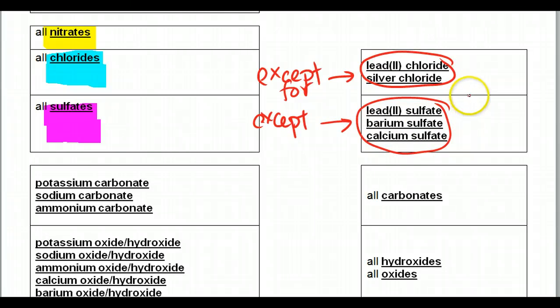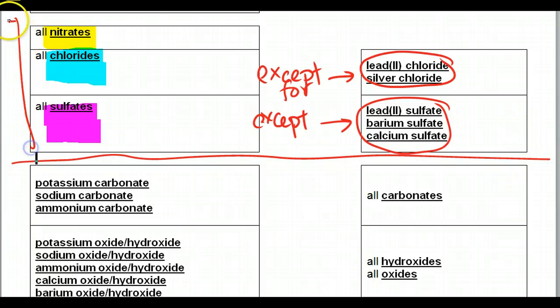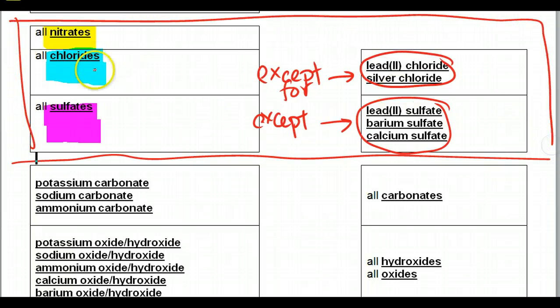So in actual fact, all the salts are soluble except for lead 2 chloride and silver chloride, which are 2 in the chloride family, and 3 from the sulfate family, which are lead 2 sulfate, barium sulfate, and calcium sulfate. So there are only 5 exceptions with regards to salts. Anything which are your nitrates, chlorides, or sulfates, these are your salts, and you need to learn which are soluble and which are not soluble.